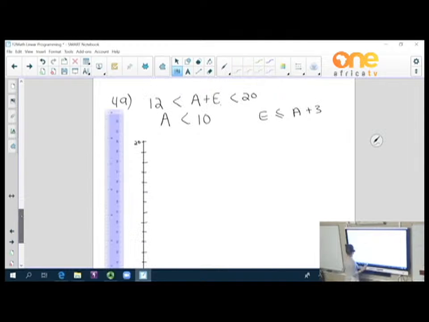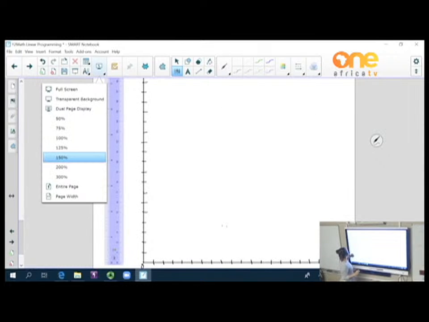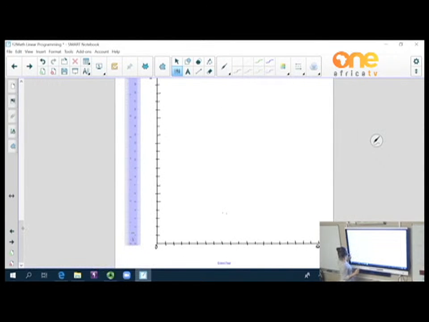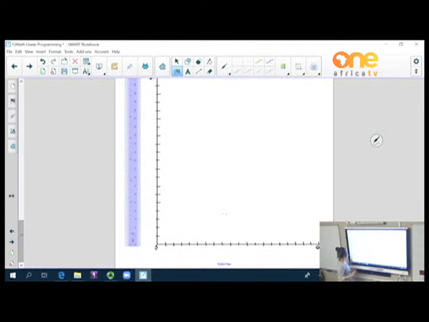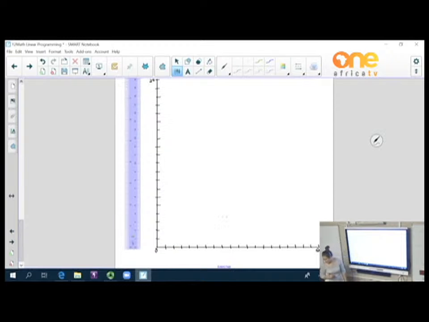So now our inequalities, so that we can get our graph. So we need one side for Argentina and one side we need for England students. So I've got England on this side and Argentina on that side.